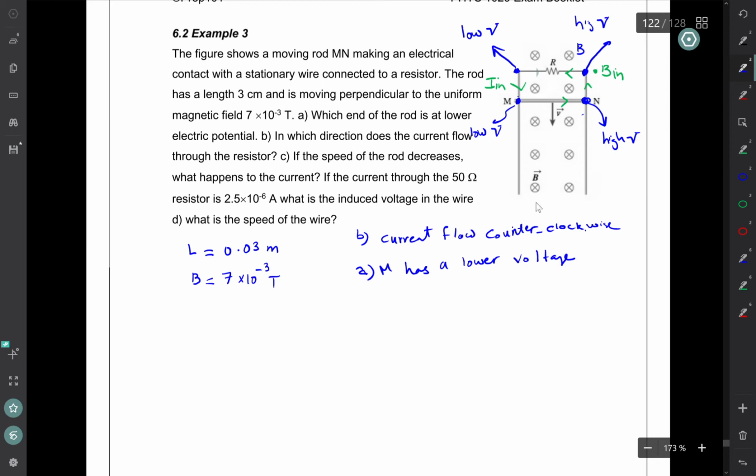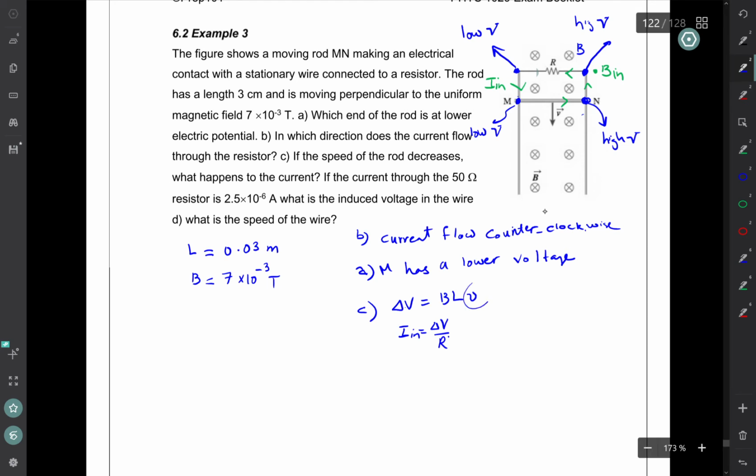Now, if the speed of the rod decreases, what happens to the current? This is part C. In the previous video, I mentioned that when you are changing the area, the equation that you would use for induced voltage would be basically BLv. And having the induced voltage, to find induced current, I induced equals delta V over R. Reminding you that v is the small v representing the velocity of the rod or the velocity of the loop.